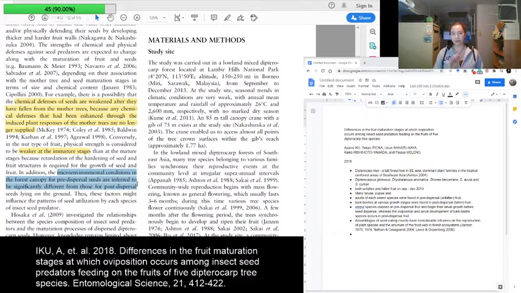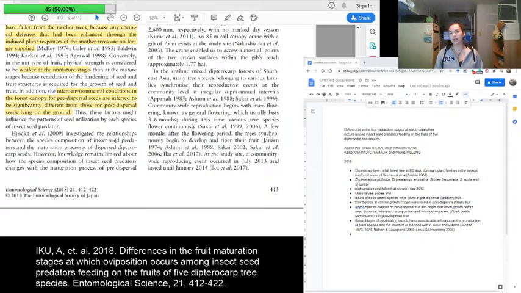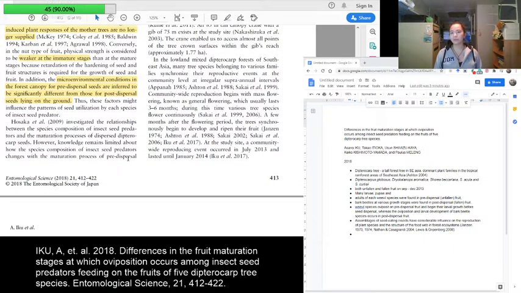So that's just another important factor to remember. These factors might influence patterns of seed utilization by each species of insect predator. You get different insects living in the canopy than you do on the forest floor, basically.